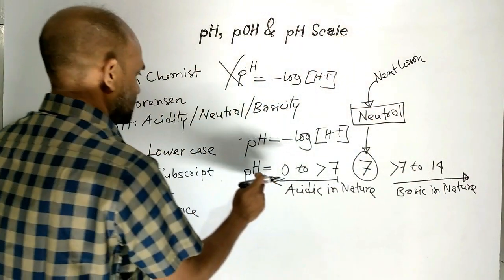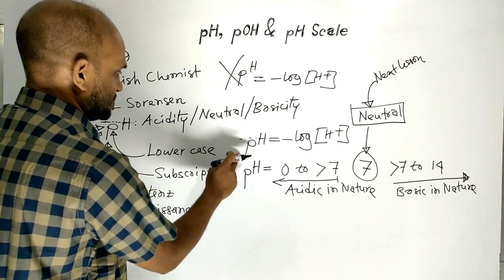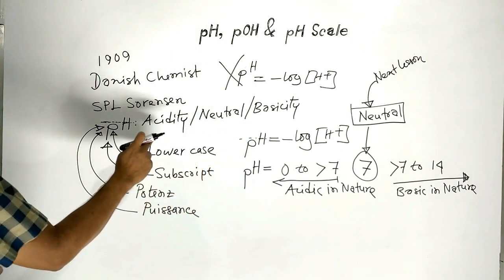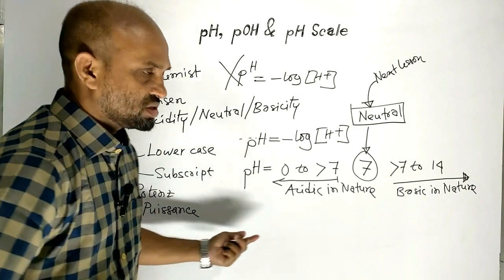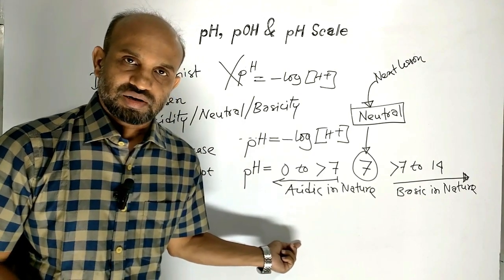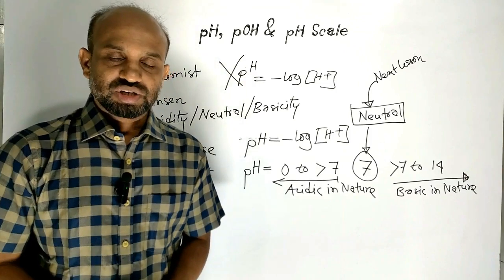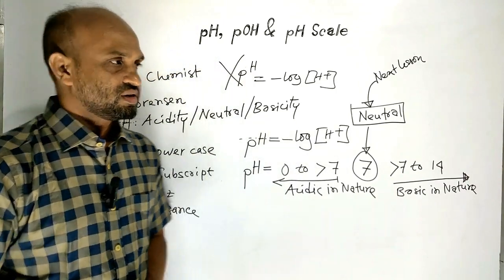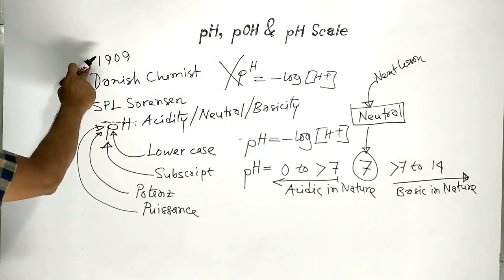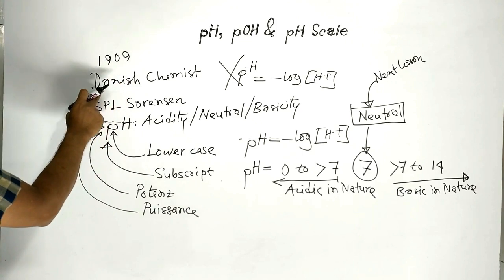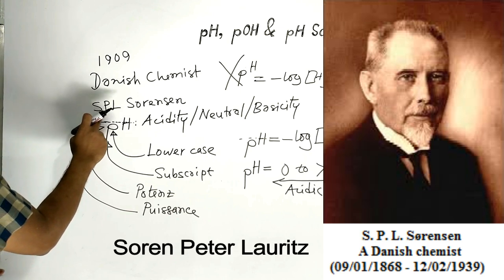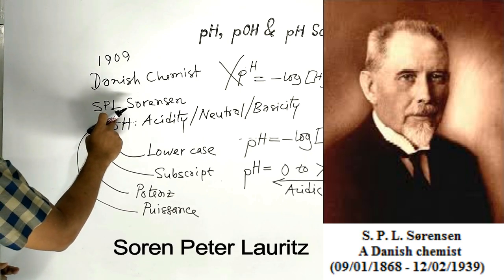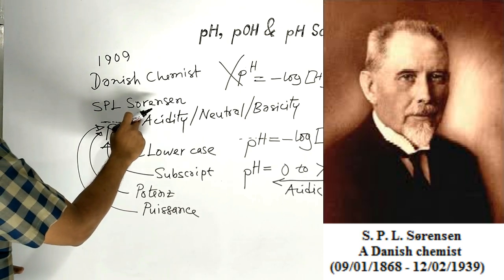So pH value indicates whether solution is acidic, basic or neutral. The concept was introduced first in the year 1909, a Danish chemist, SPL Sorensen. SPL, Soren Peter Lauritz Sorensen.